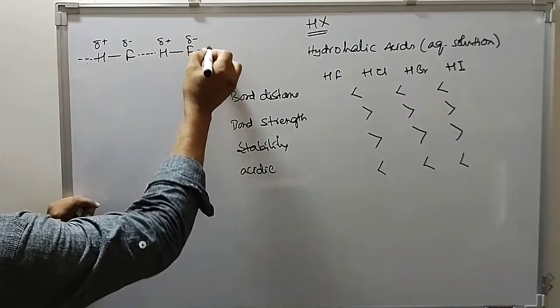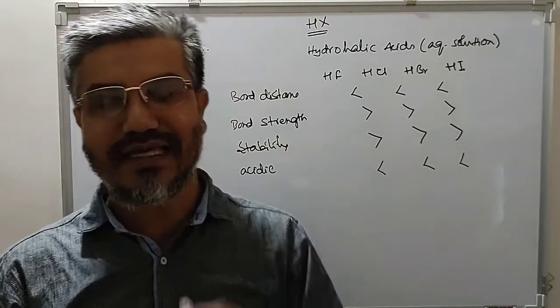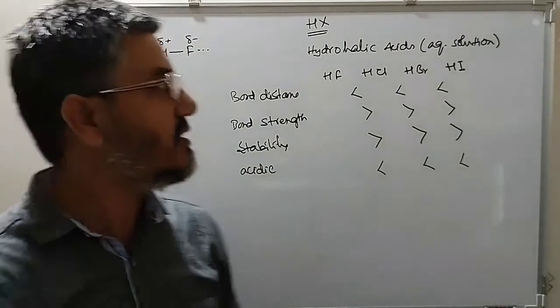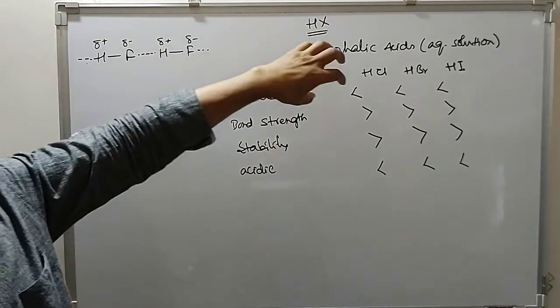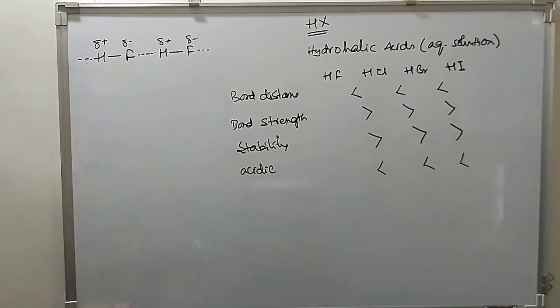So as hydrogen is stabilized by intermolecular hydrogen bond, tendency to break this hydrogen decreases. As a result, the acidic strength is minimized. So this should have been the strongest acid, but this becomes the weakest acid because of this phenomenon.